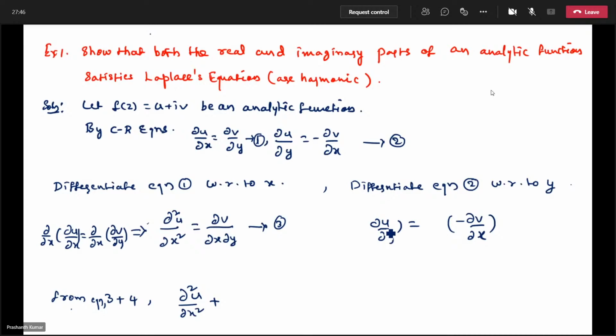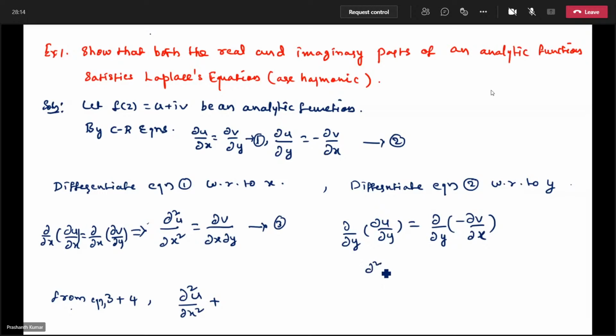With respect to y means what? Dou by dou y of dou u by dou y. Because here dou x dou y we are getting, here dou y dou x means dou x dou y we are getting, the same thing. Then what happens?